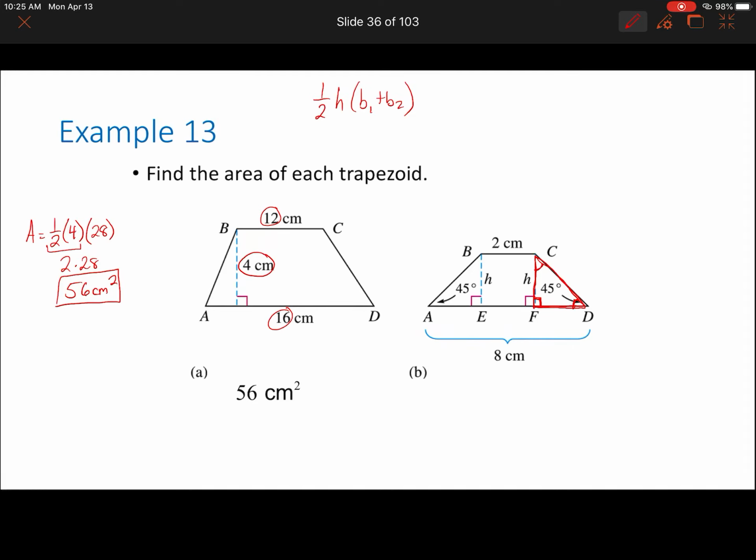And so the 90 plus 45 plus this other 45 up here would give us the 180. Now, why does that matter?